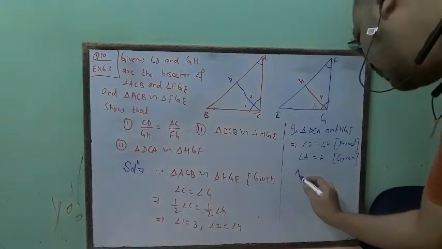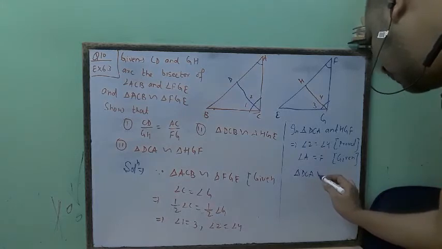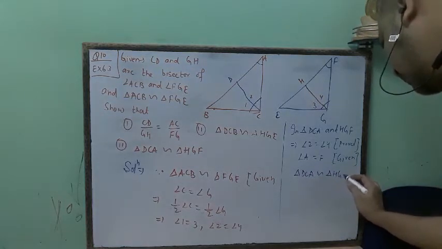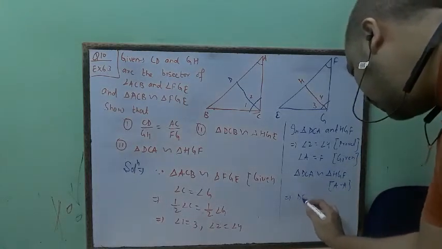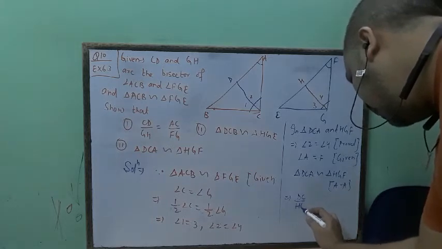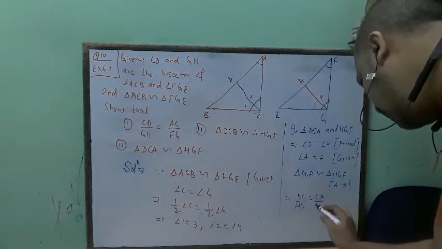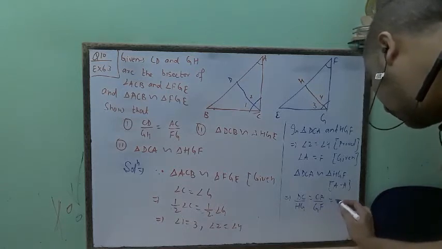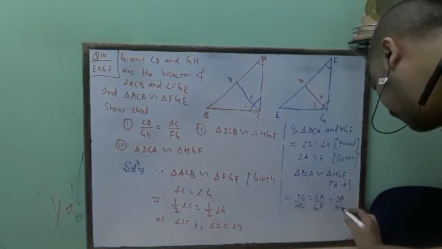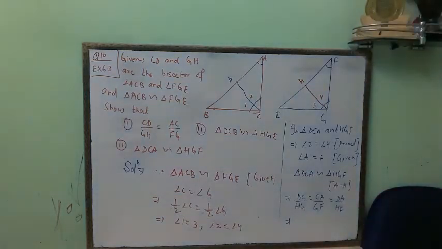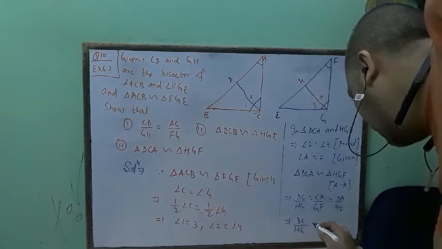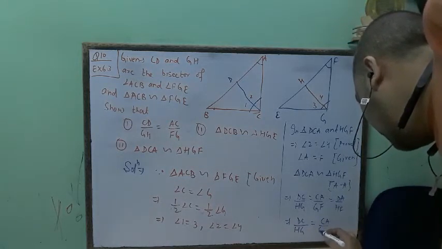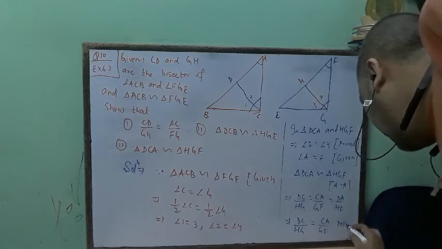Now we can say that triangle DCA is similar to triangle HGF by the angle criterion. Now the corresponding sides: DC divided by HG, CA divided by GF is equal to DA divided by HF. What we have to prove is DC divided by HG is equal to CA divided by GF. Now this is proved.